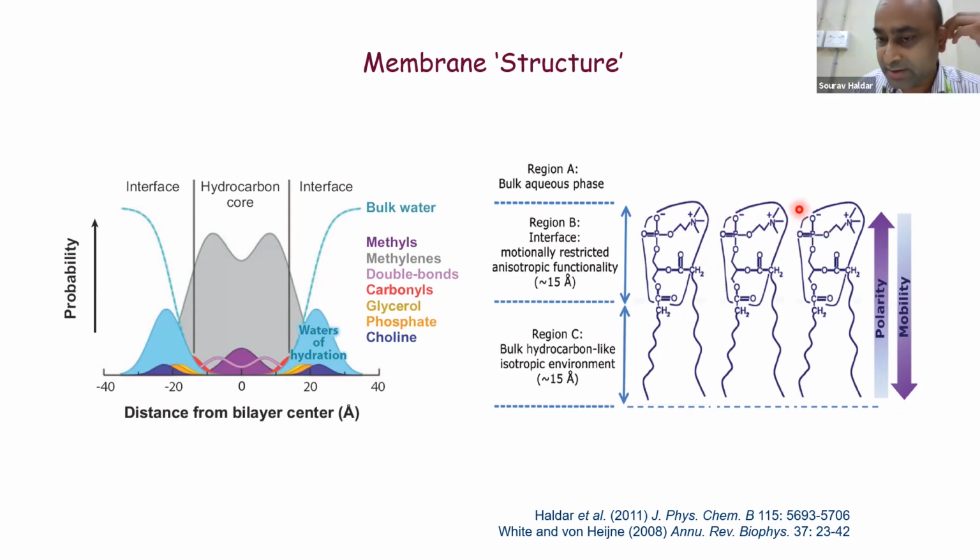Remember my initial slides where I showed that the part of the lipids capable of forming hydrogen bond network with water are also capable of forming hydrogen bond network with each other, and that's why the mobility of the molecules is restricted in the interfacial region.